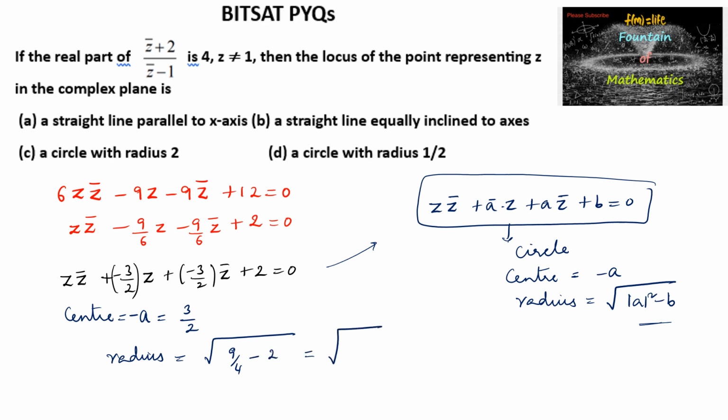So that is the square root of (9 minus 8)/4, which is 1 by 2. So the radius is 1 by 2 and the center is 3 by 2, which is a real number. So the center point can be taken as (3 by 2, 0). So we can conclude with the option: it's a circle with radius 1 by 2, option D.